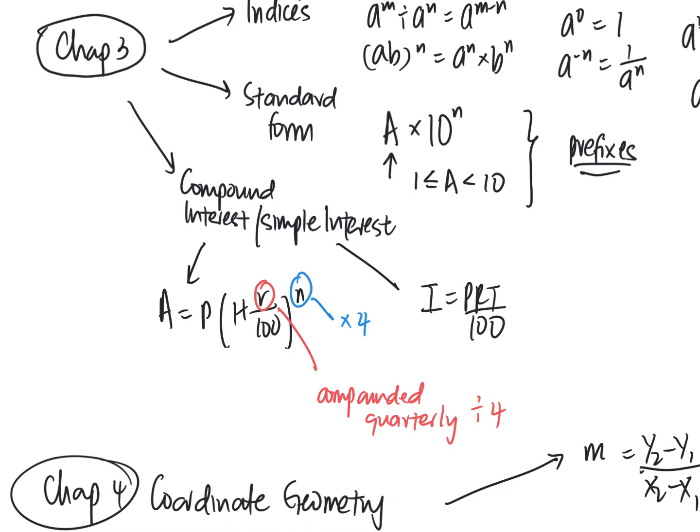Be careful that when the question says cuts x-axis, you will sub y as 0. Cuts y-axis, you will sub x as 0. So all these concepts, make sure you know. That is all they can test you.